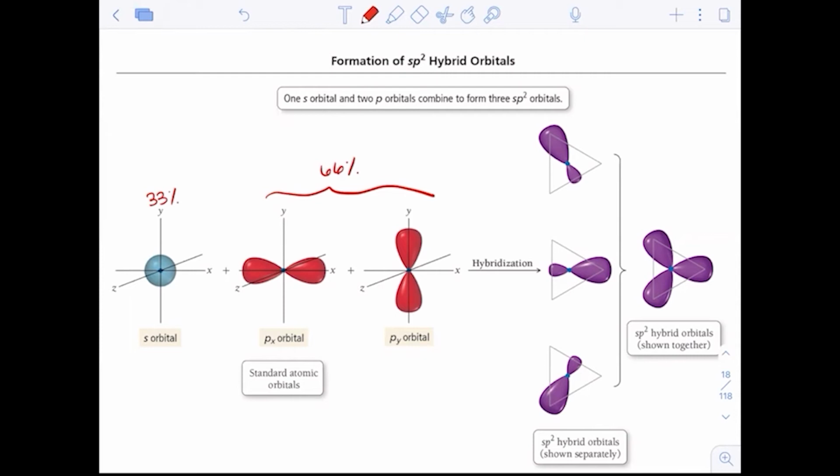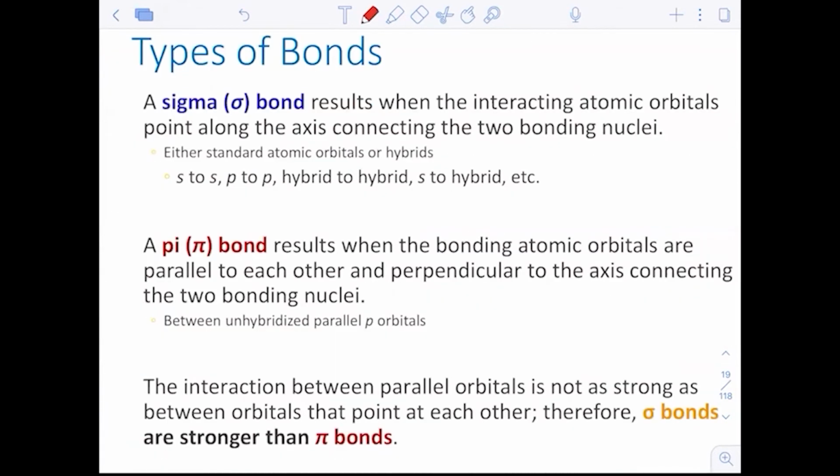So we're looking at a little bit smaller, a little bit bigger lobe here than the sp3. Same basic shape. It looks like a p orbital with an uneven lobe distribution. But that's how these would come together to make that trigonal planar idea and the 120-degree bond angles.